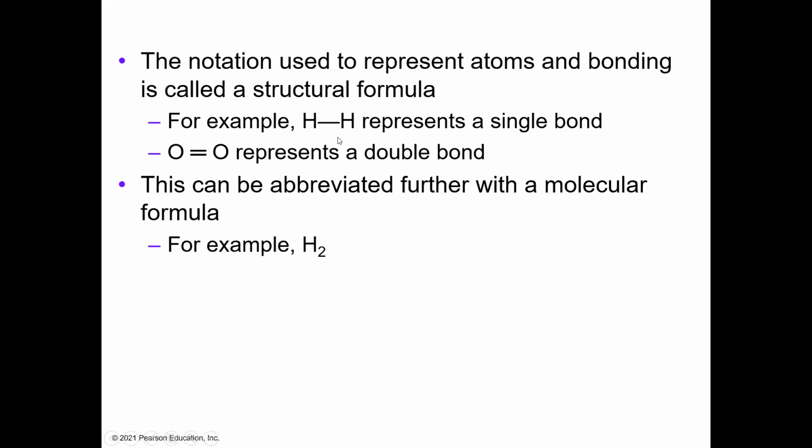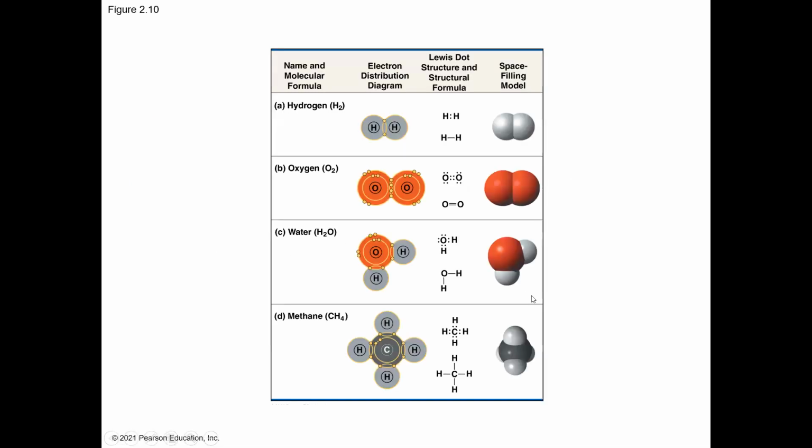And so you can either write it as H-H to represent the H2 molecule, or you can just write it in the abbreviated form, which is the molecular formula, as just H with a subscript of 2, meaning there are two hydrogen atoms.